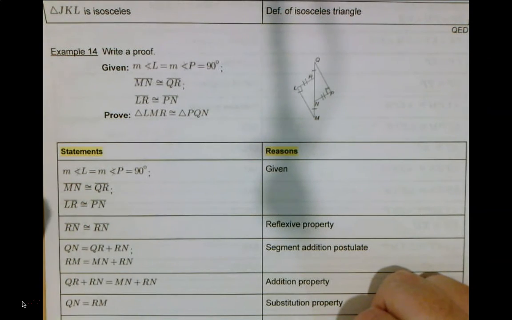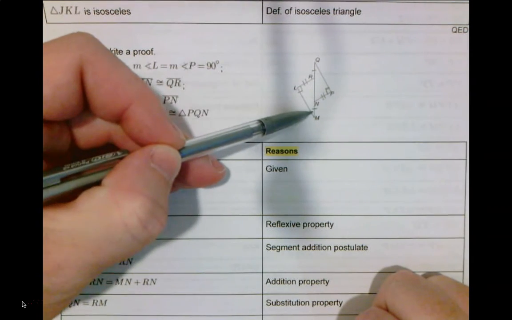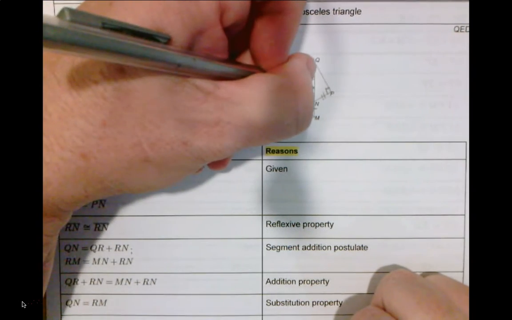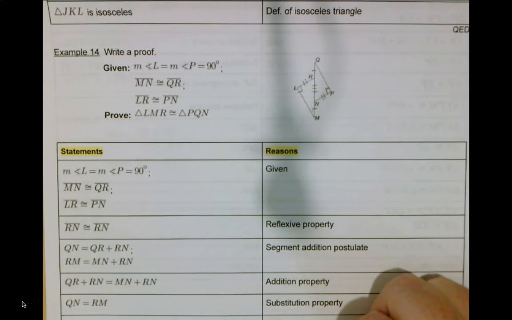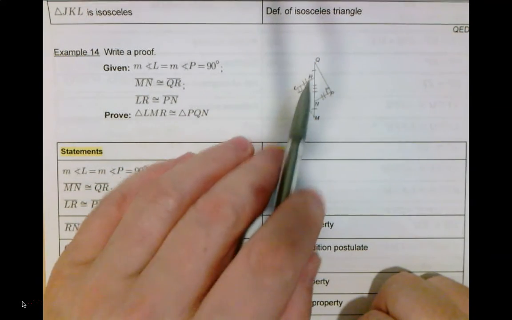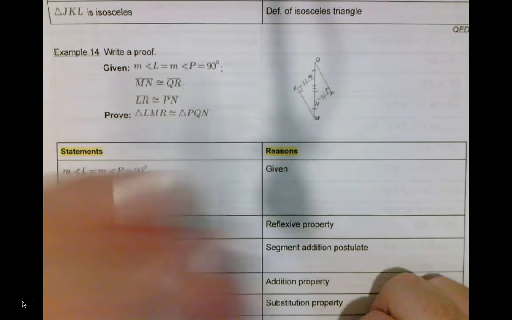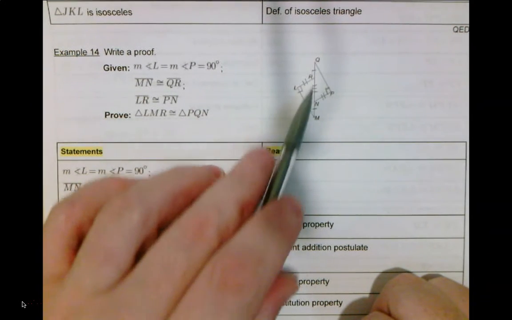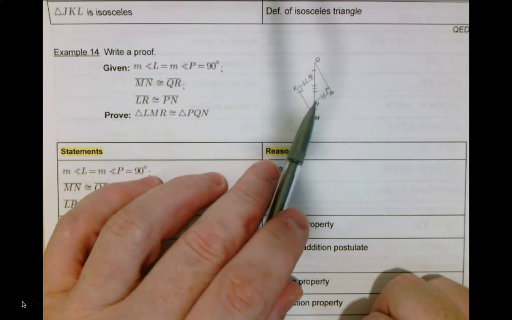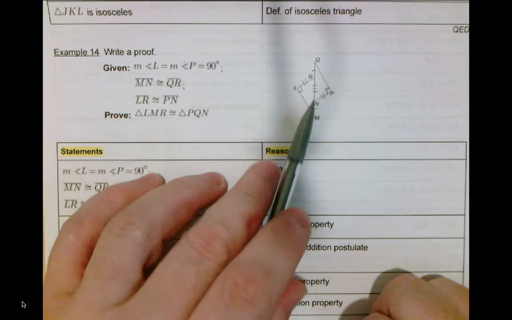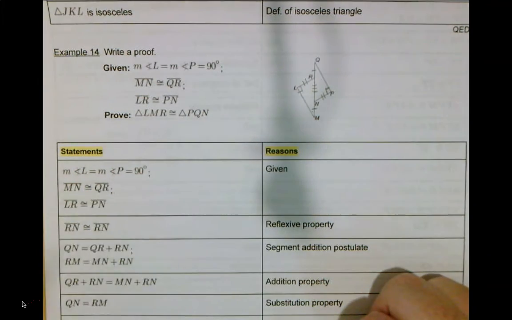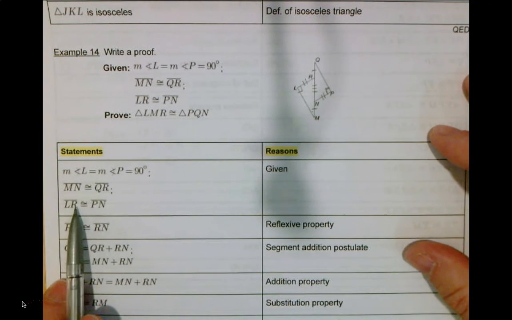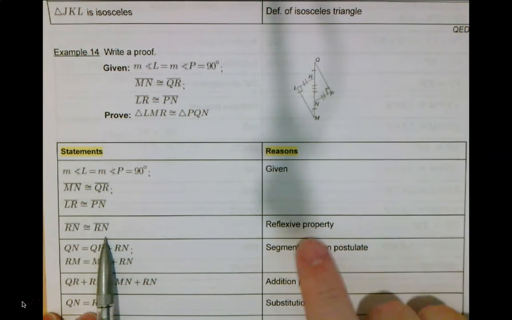So I don't have those being congruent to each other, but what I do have is QR congruent to NM, and I have RN congruent to itself, and that's going to help me because I have 1 tick mark, 3 tick marks, 1 tick mark, 3 tick marks. QN is made up of QR and RN. RM is made up of MN and NR. So if we do some segment addition, so rewrite the given information, RN is congruent to itself, reflexive property.